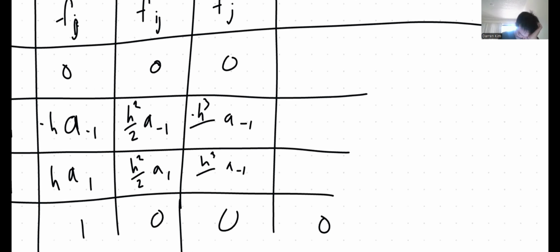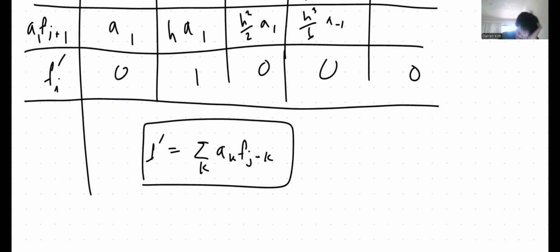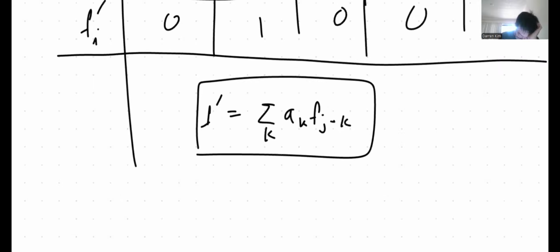With that said, we can plug it into our F prime equals the summation over k of f at j plus k. Basically, we need to add up these things. So it is A0 plus A negative 1 plus A1, and this is our F, not F prime.